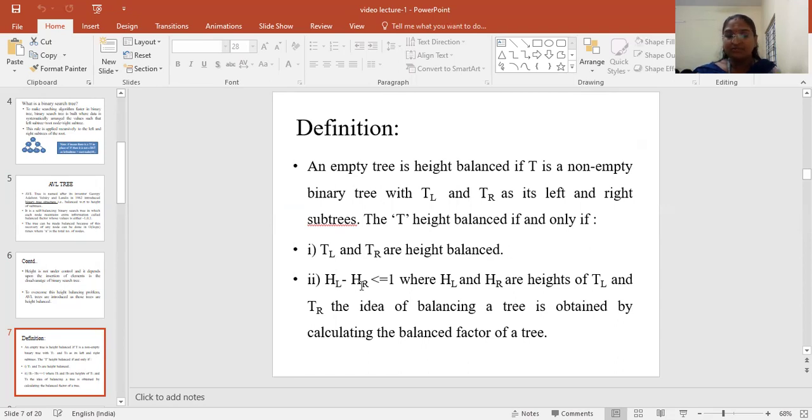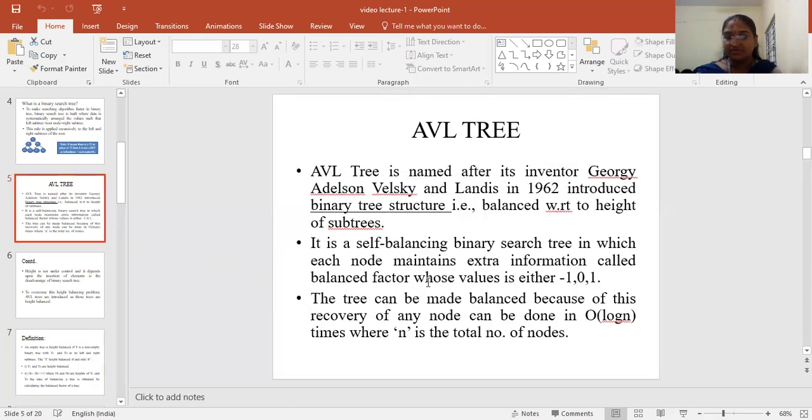Now coming to the heights. The left side height subtracted from the right side height should be less than or equal to 1. Okay, clear? Just now we have seen in the definition that the balance factor should range from -1, 0, and 1.